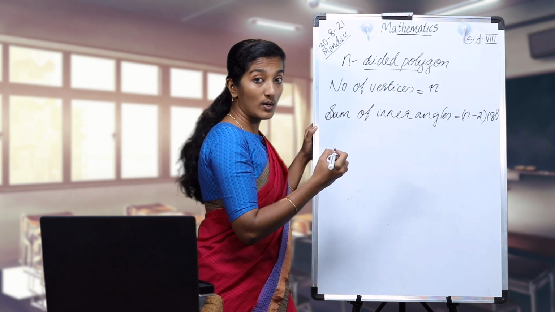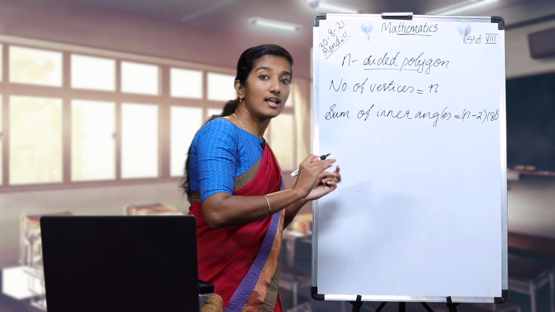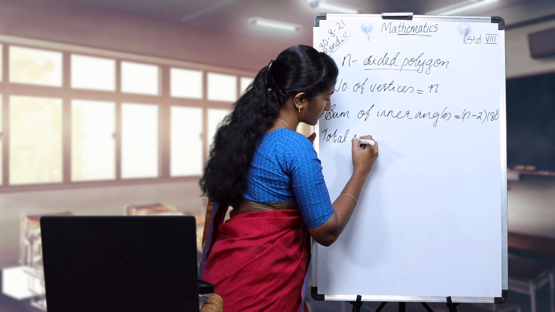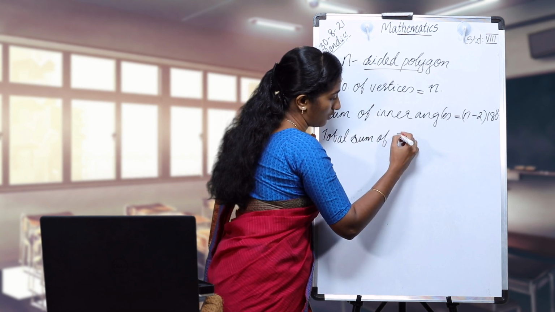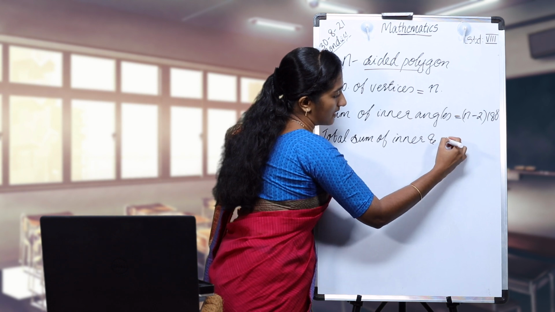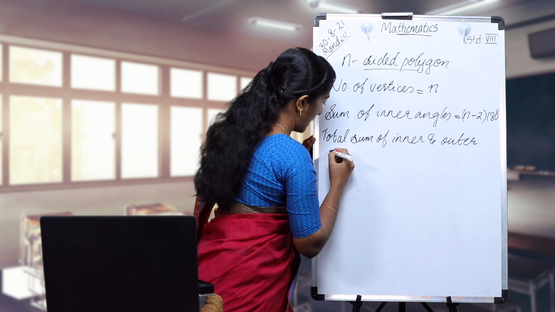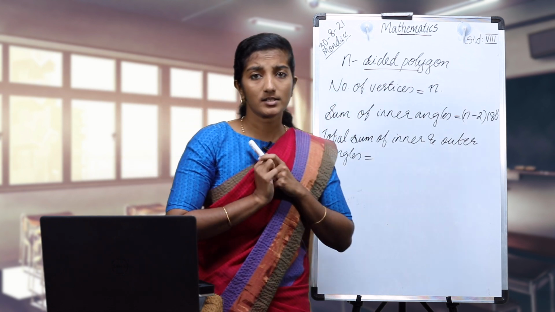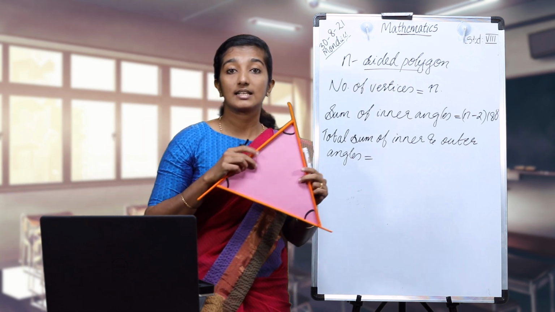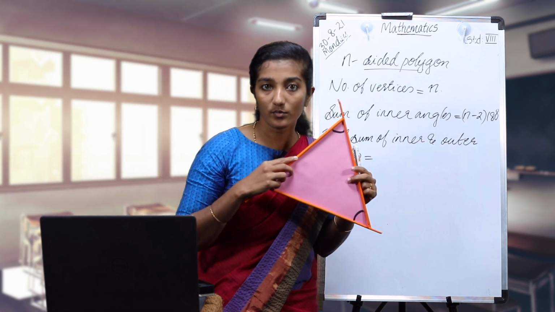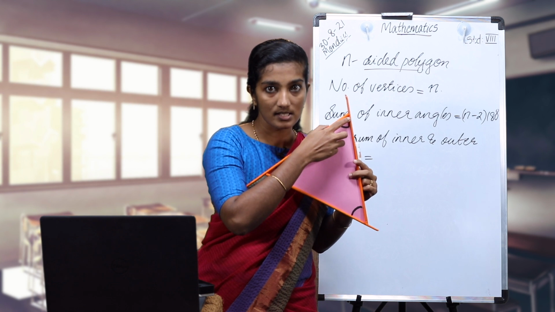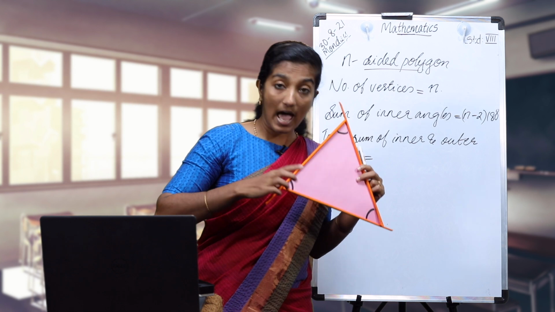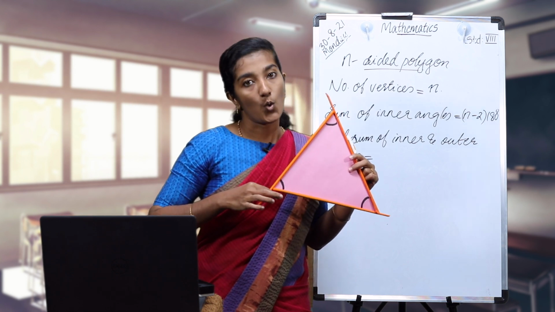Now, we have to calculate the total sum of inner and outer angles. How can we find that? In the case of a triangle or a three-sided polygon, we have three vertices and at each vertex the total sum of inner and outer angle is 180 degrees.